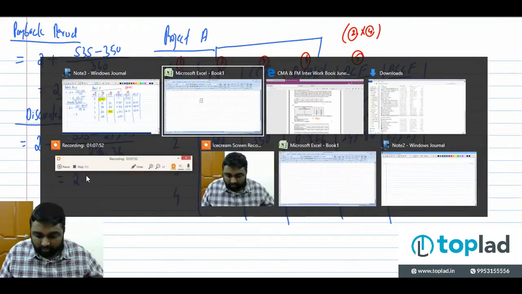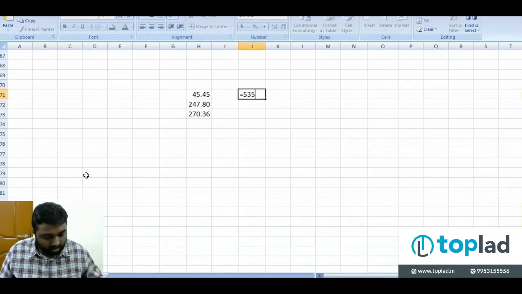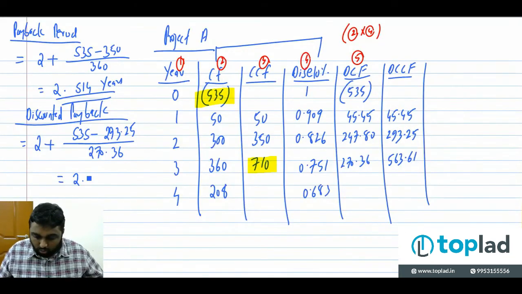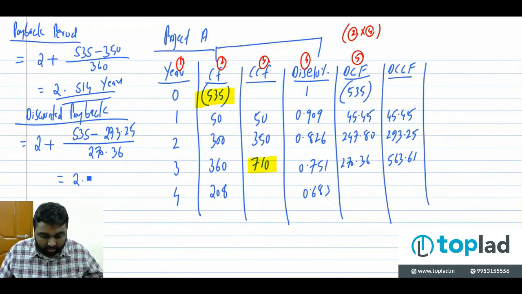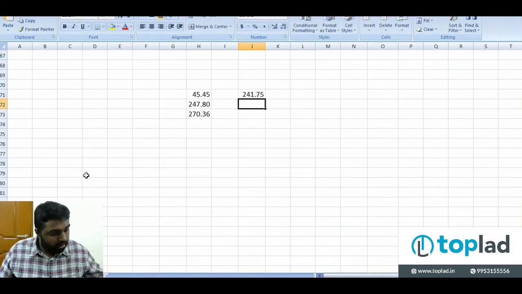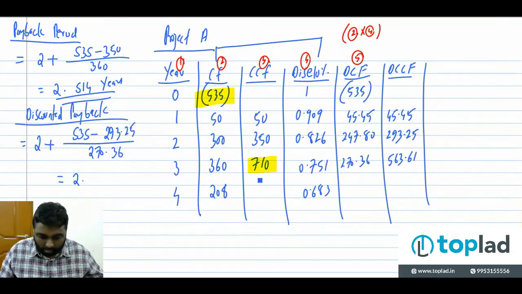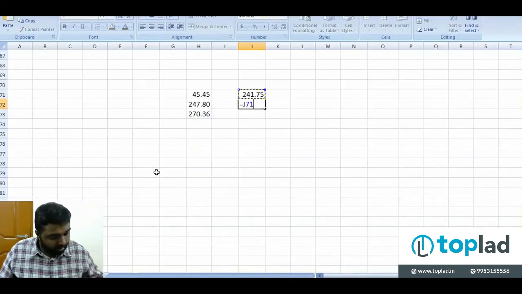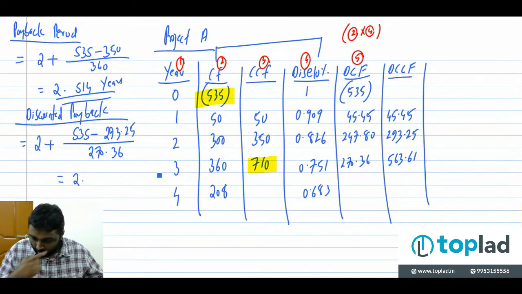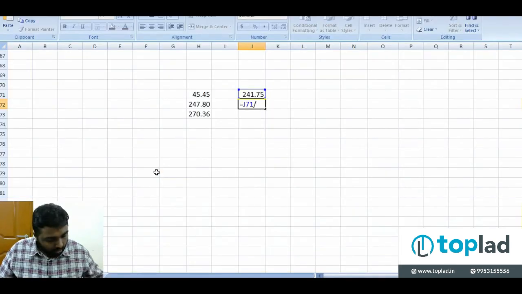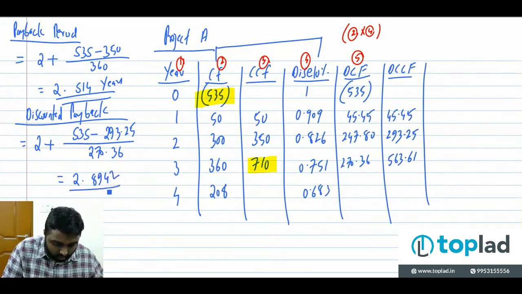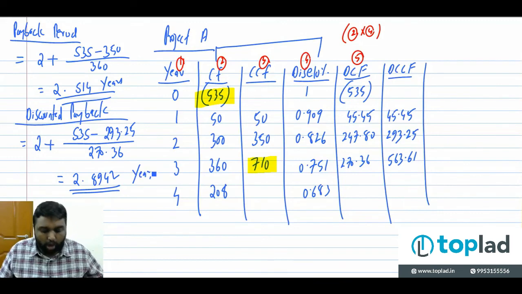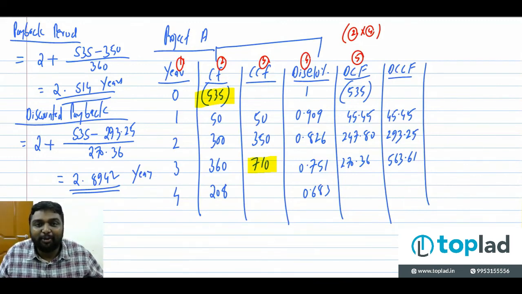So what will be the answer? 535 minus 293.25 is 241.75. 241.75 divided by 270.36 is 0.8942. So the answer will be 2.8942 years.